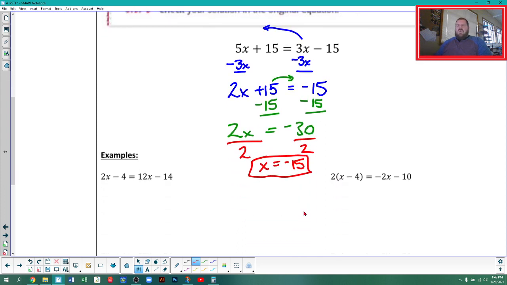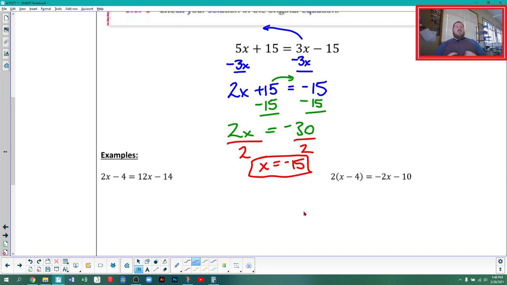Okay. So when we're looking at these, there's easy examples and there's harder examples. Ones like this one that we just did are more of the easy example type, and that's this first one that we have here. I have variable term, number term, variable term, number term. I don't have any parentheses.